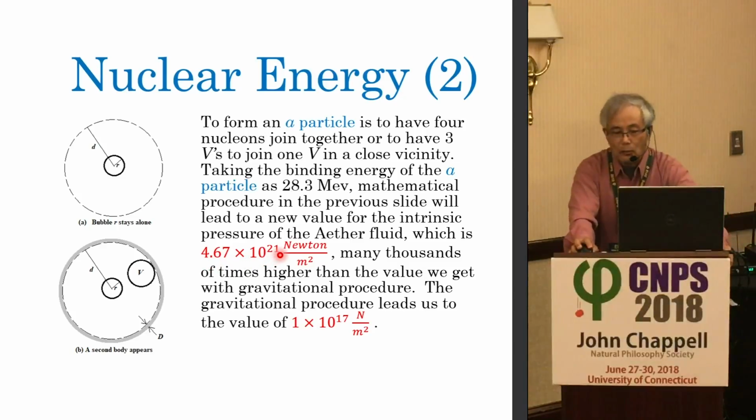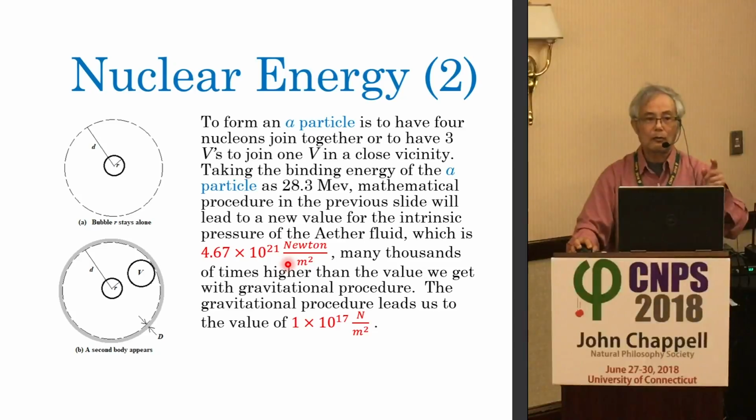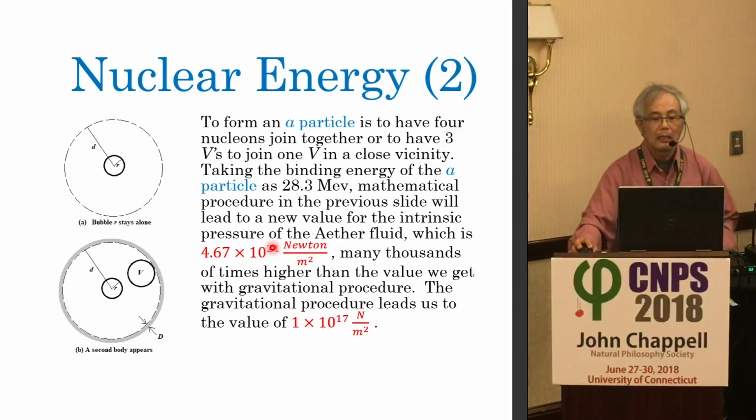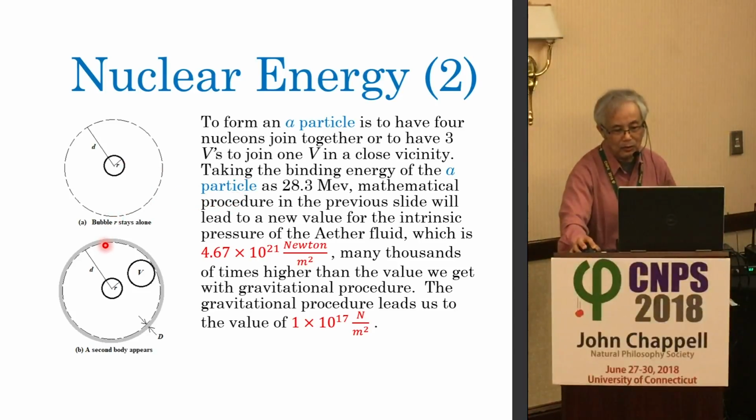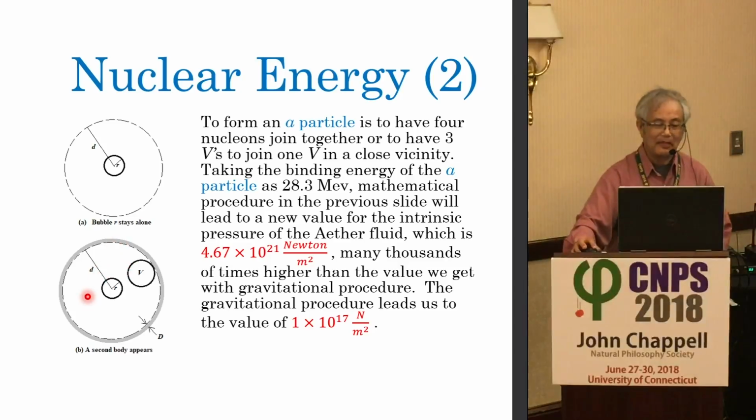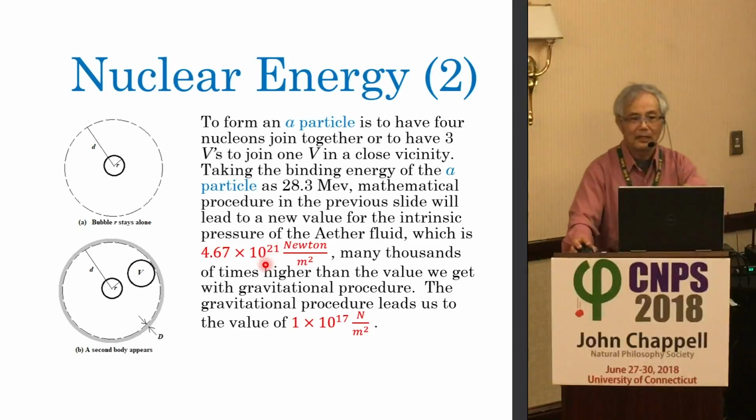With the analysis we derived for gravitational force, this power is 17. Now, with the short distance combination, we get to this value, to the 21 power. It means 10,000 times higher than the gravitational energy.